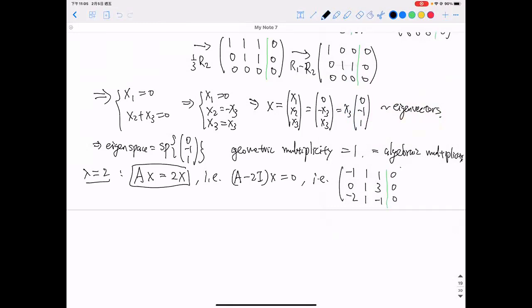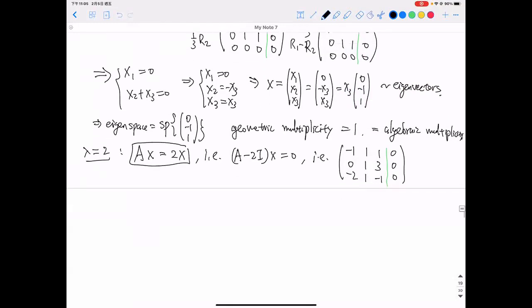0, 0, 0. Okay, so this is the augmented matrix of the system we need to deal with. Simple enough. Let's process this again. First of all, may want to flip the sign, but let's say R3 minus 2R1, then minus R1.